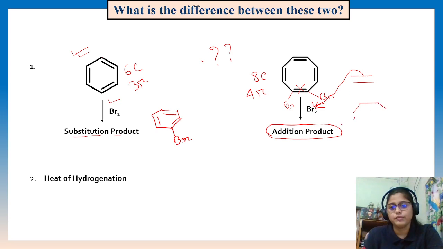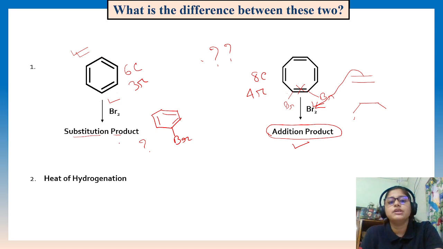That is a simple phenomenon. So giving an addition product is not odd, it is natural. But why is a substitution product formed here? Only one pi bond is extra here, so how is this affecting it?